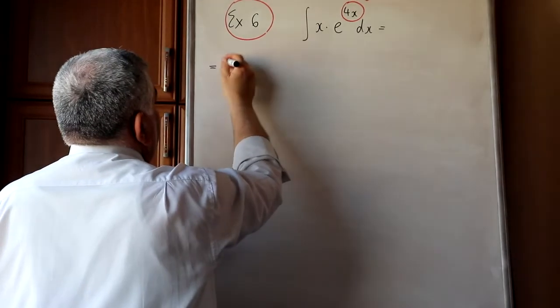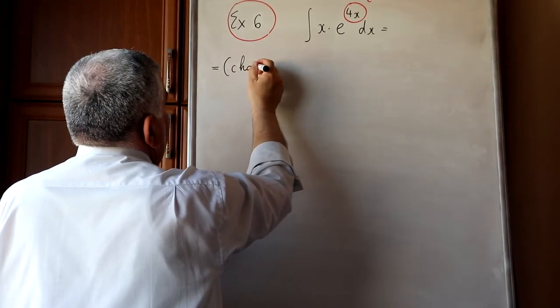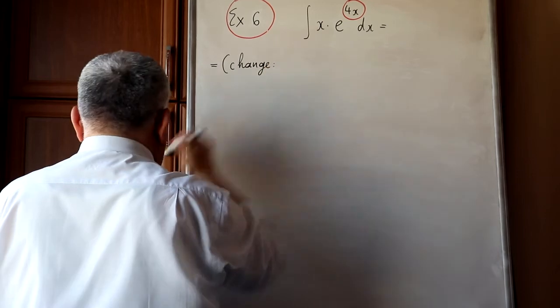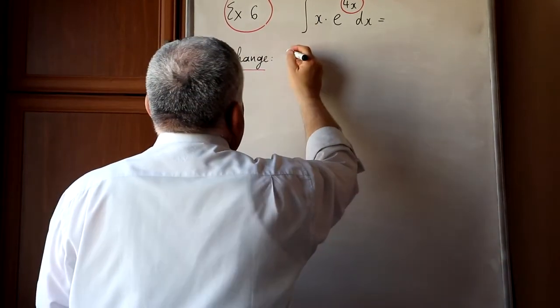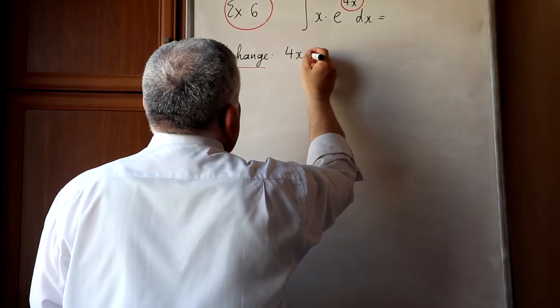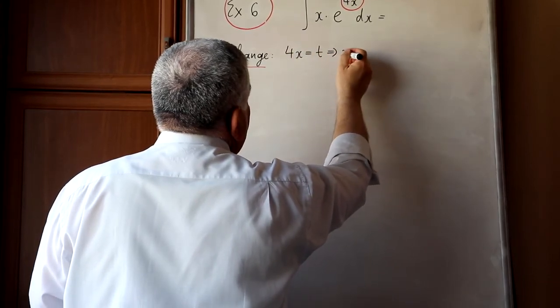Right, change 4x is t, then x is t over 4.